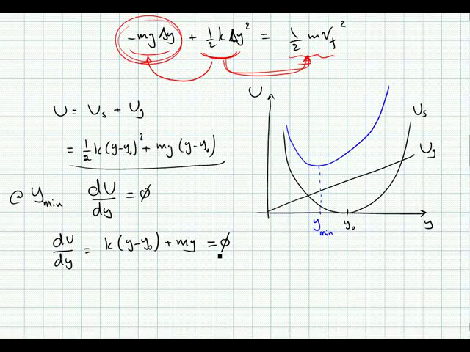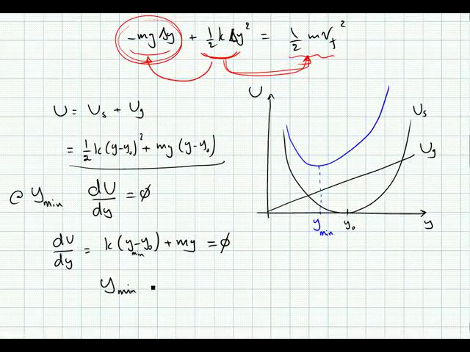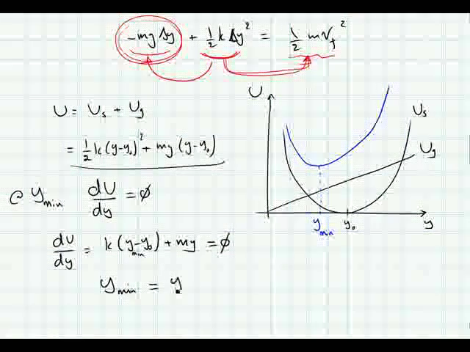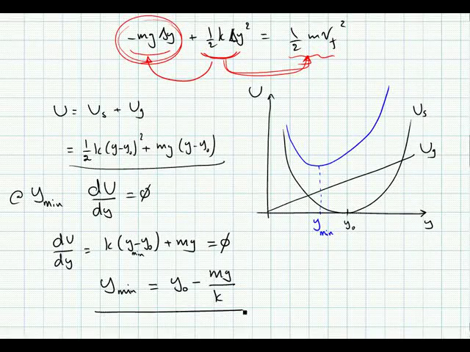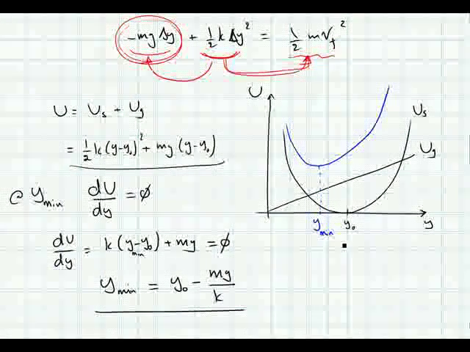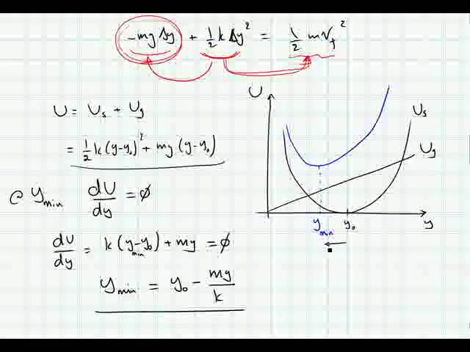Setting it to equal 0, this is at y min, of course, we end up with y min equaling y naught minus mg divided by k, which means that y min is shifted leftwards from y naught.